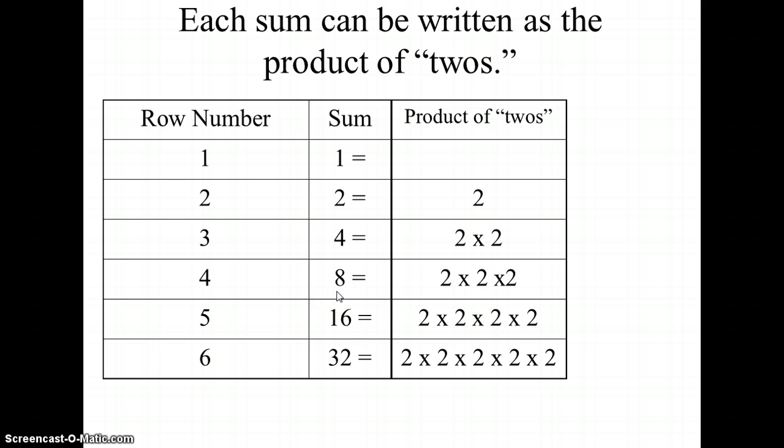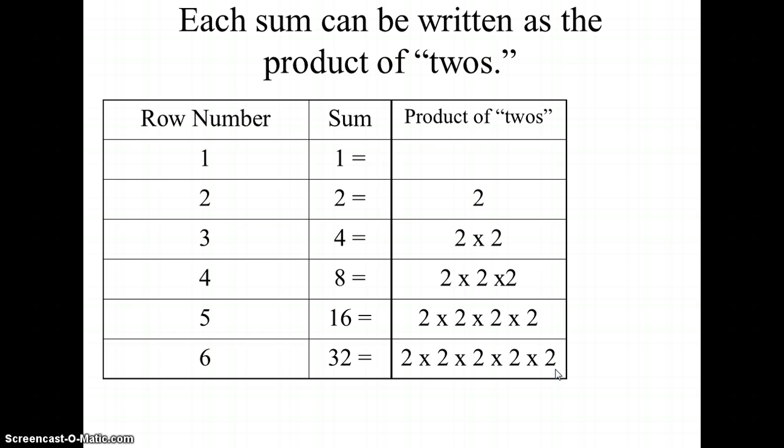The sum of the fourth row, which is 8, can be written as 2 times 2 times 2. The sum of the fifth row can be written as 2 times 2 times 2 times 2. So there are 4 2's being multiplied. And in the sixth row, 32 can be written as 2 times 2 times 2 times 2 times 2.